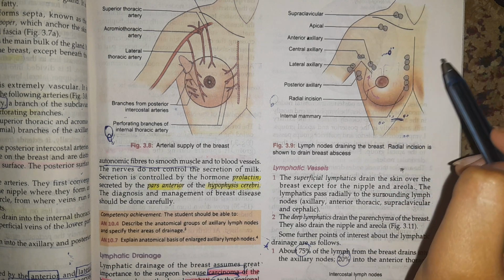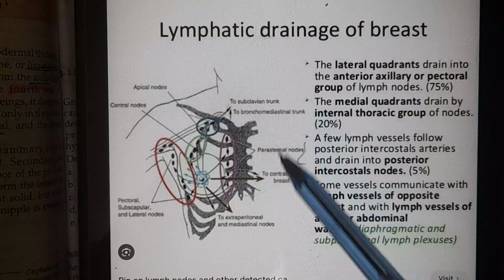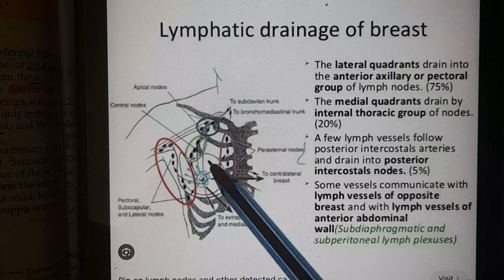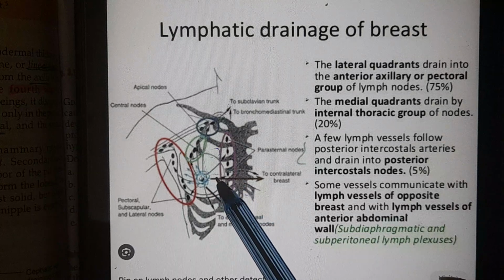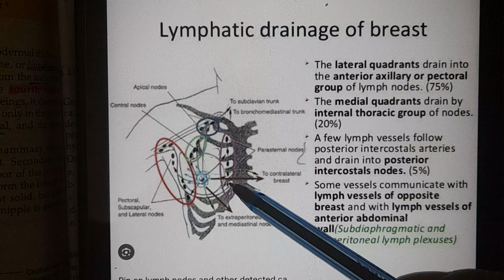So different ones are there. Now we come towards the distribution over here. The breast is divided into four quadrants. This is the upper lateral quadrant, and as you know, this is the upper medial quadrant. On the medial side, you have the parasternal or anterior lymph nodes.